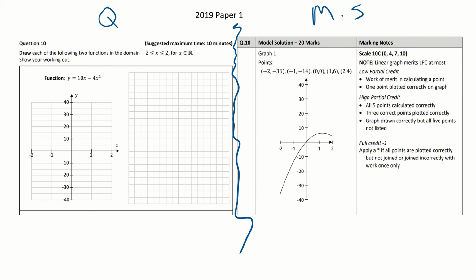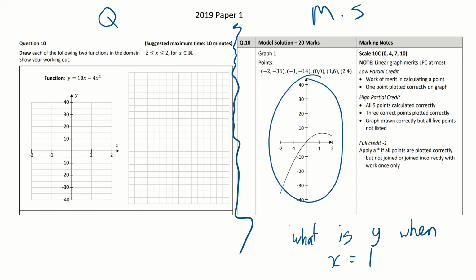But if you're asked to use the graph, let's say to use the graph to find out what is y when x is 1, then I need to see some construction lines on your actual graph to show me as an examiner that you used your graph to get your answer.